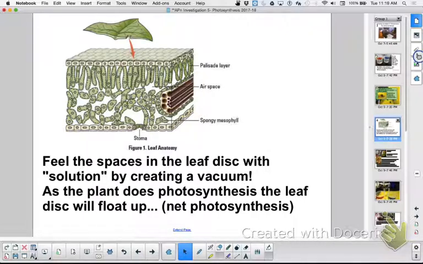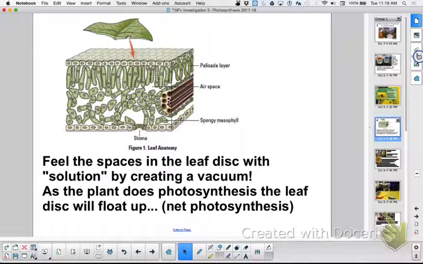Now, as they do photosynthesis, they're going to need to use what gas? Carbon dioxide. What's providing the carbon dioxide? Baking soda. So if I don't add any extra baking soda, then that one has no addition of any what? CO2, right? And when they do photosynthesis, they're going to need CO2, water, and light. And what is the product from that?